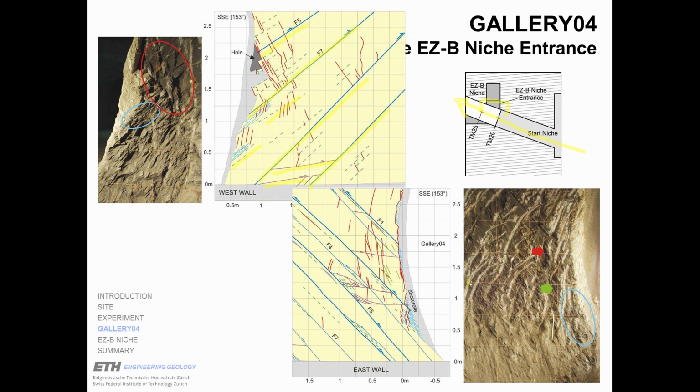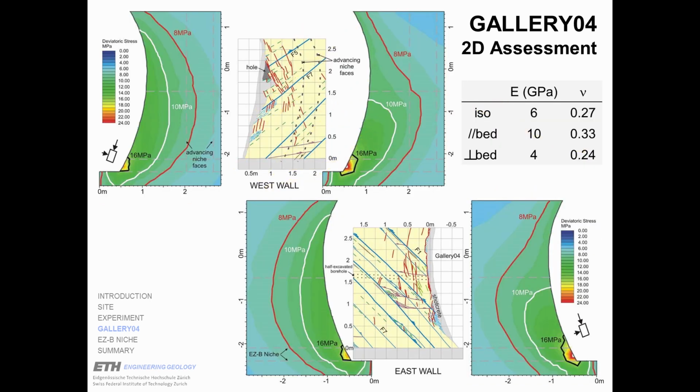And then you have the red set of excavation-induced fractures, which are perfectly tangential or parallel to Gallery 04 tunnel axis and which are the main structures. Now these structures, as you can see, form mainly in a direction orthogonal to these bedding parallel shear planes. And it was one question how they would form, what would be the main cause.